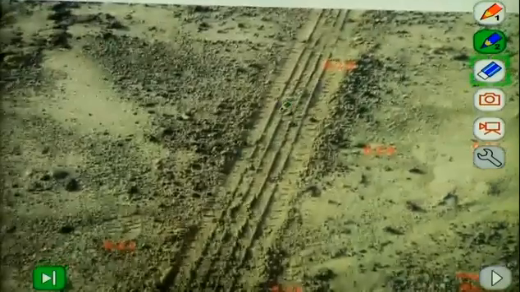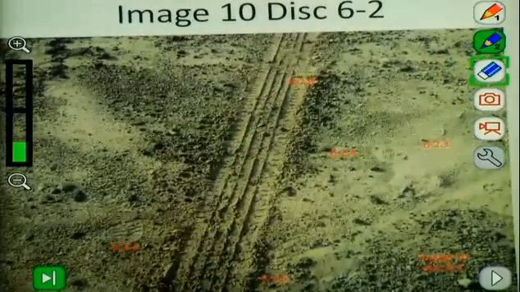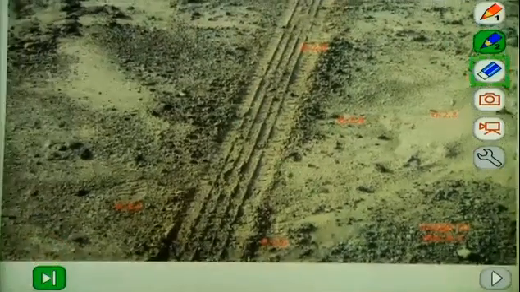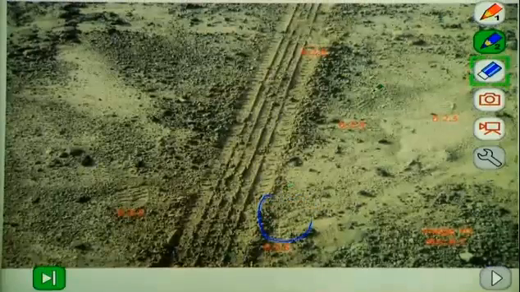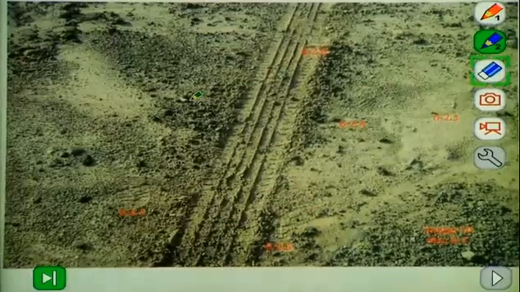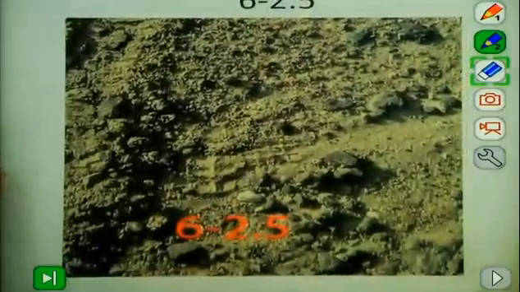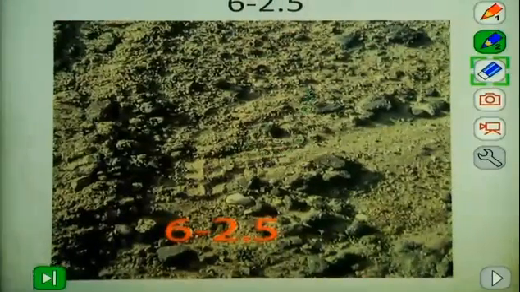And back to 6-2.5, where is that located? That's at the bottom of the photograph, right here. That's alongside that tire impression. Correct, right next to the tire impression. I'm just going to show you the close-up of that footwear impression.